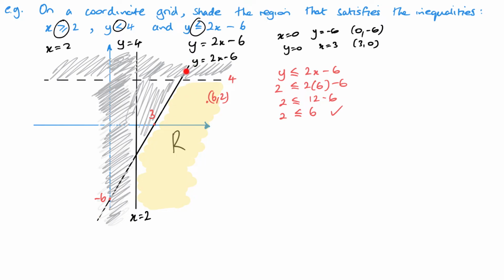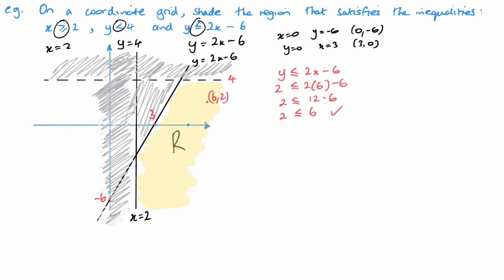So if I have a diagonal line, like in this case y equals 2x minus 6, I want to pick a coordinate that I know is in this region. And once I've picked that, I can just use the inequality to double check. So I'll do it again, a second choice.